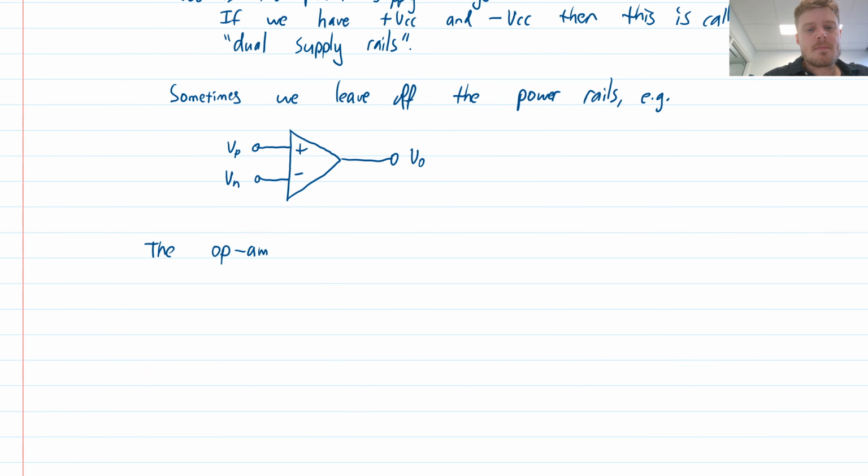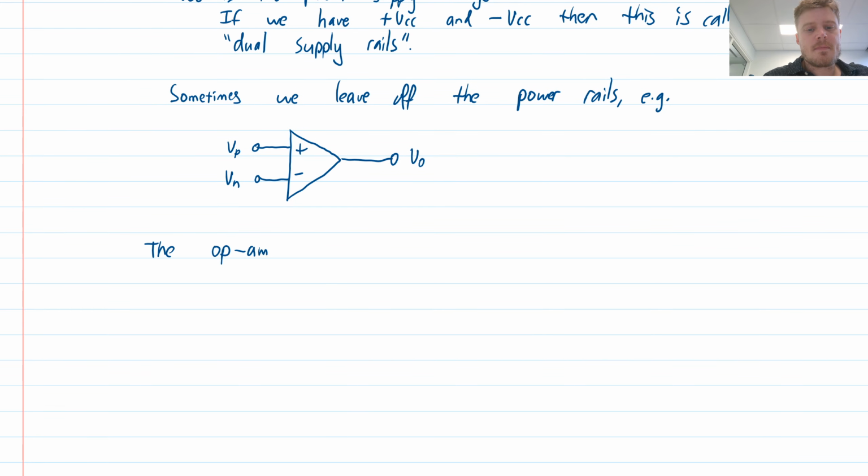But as soon as the output voltage reaches the power supply, the op-amp is not able to just generate a higher voltage than what you give it. So there will be some clipping of the output voltage. So in this diagram here, we have a linear regime, and we have a saturated regime.